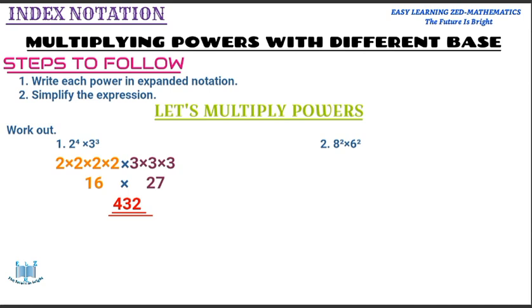Okay, let's look at example 2. We have 8 raised to the power of 2 multiplied by 6 raised to the power of 2. What we need to do is the same thing. We need to write each of the powers in expanded notation. 8 raised to the power of 2 means we multiply 8 by itself, which is 8 multiplied by 8, multiplied by 6 raised to the power of 2, that is 6 multiplied by 6.